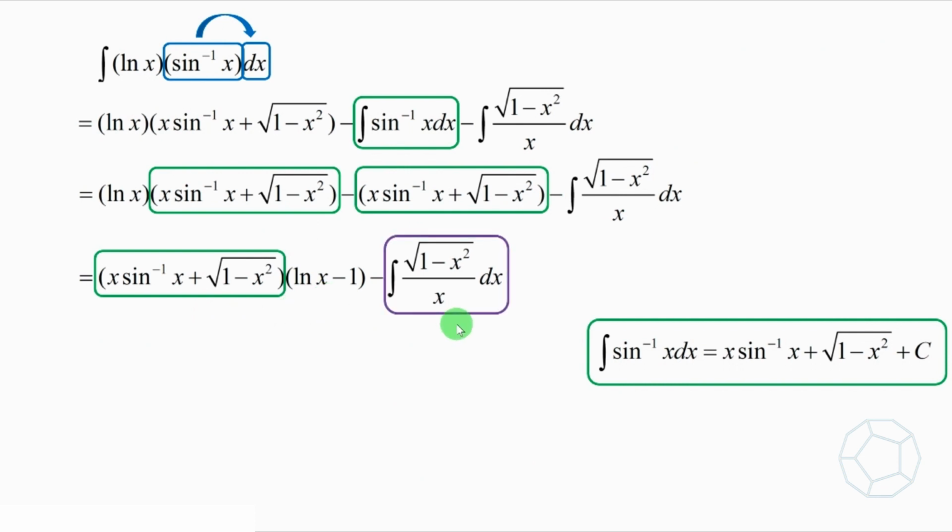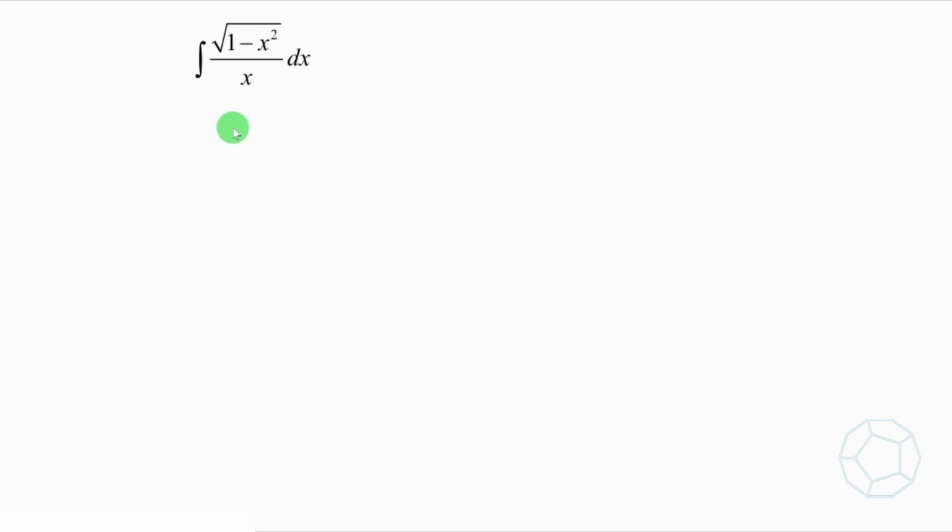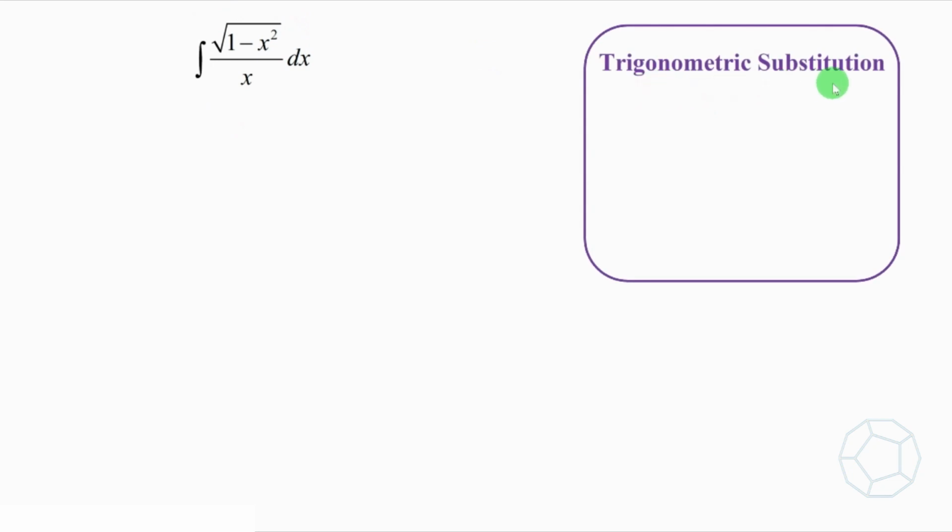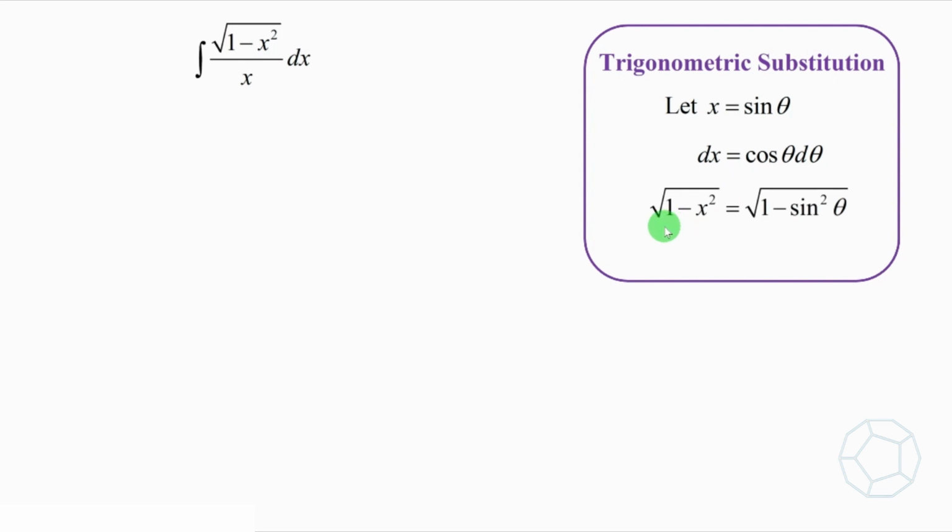Now we focus on this integral. As we have the term square root of 1 minus x squared, let's use trigonometric substitution. Let x equal sine theta. So dx is equal to cosine theta d theta. The square root of 1 minus x squared is equal to the square root of 1 minus sine squared theta, which is equal to cosine theta.